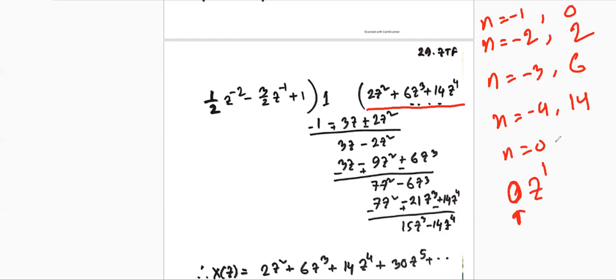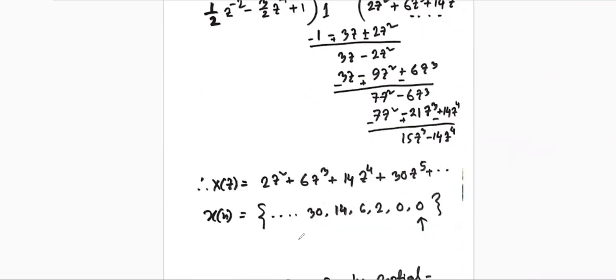Again, there is no constant term here. If you have any constant term, let's say 5 or 6 without any z, then you can find the coefficient. Since there is no such term, the coefficient is 0 again. So this is for n equals 0, this is for n equals -1, this is -2, -3, -4, and -5, and so on. You can write it like this.